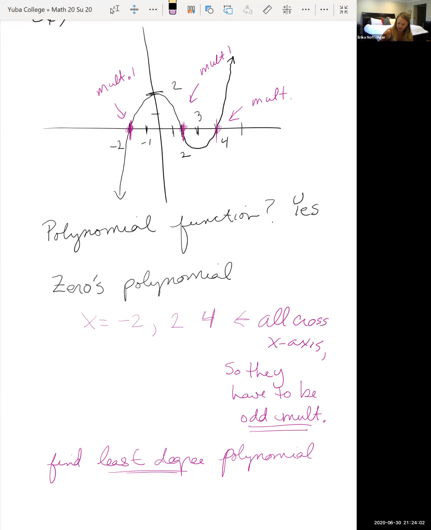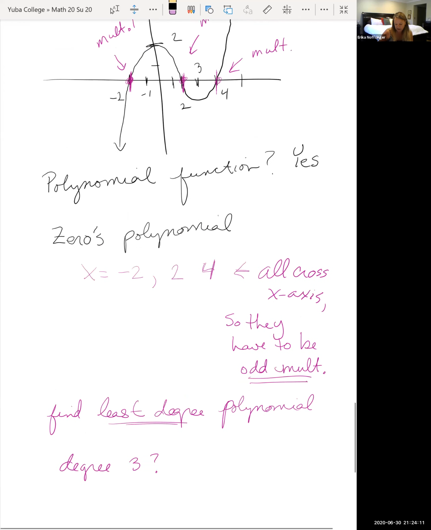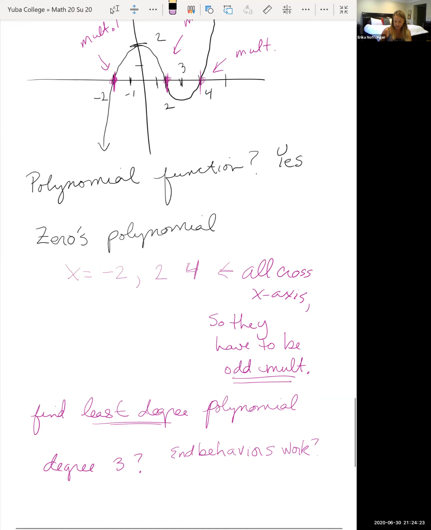So degree 3, let's see. Narrowing it down, check the end behaviors. Well, odd degrees have different end behaviors.